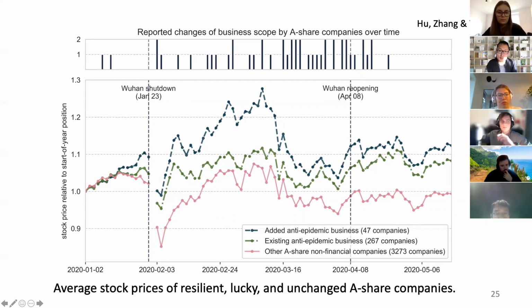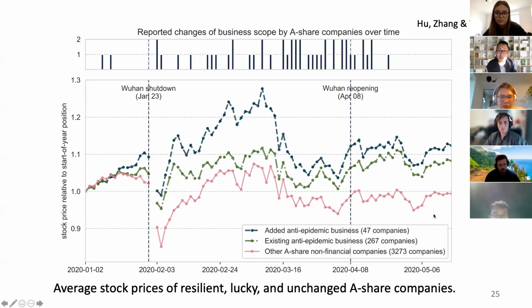The first one, we call resilient companies, where they proactively add anti-epidemic businesses into their business scope. Then we have the lucky businesses, meaning that they already produced the corresponding anti-epidemic products before the outbreak of COVID. And then we have the other companies.